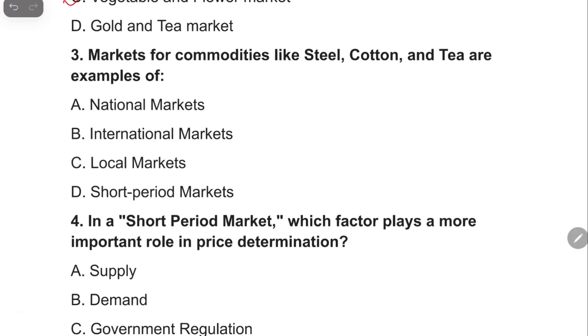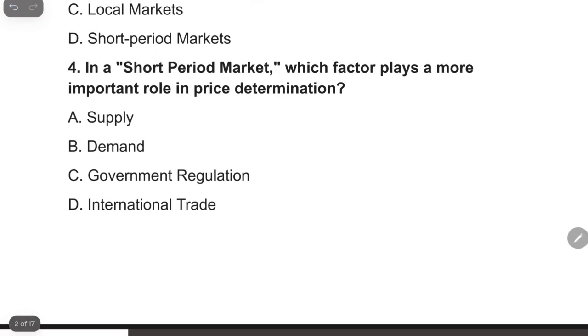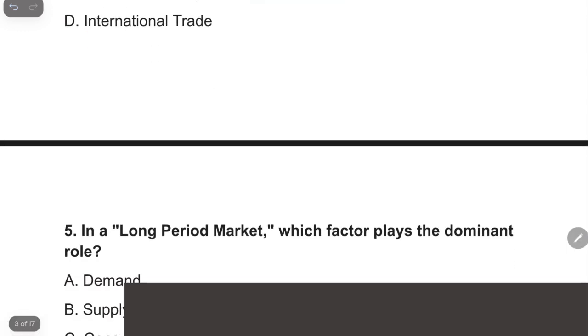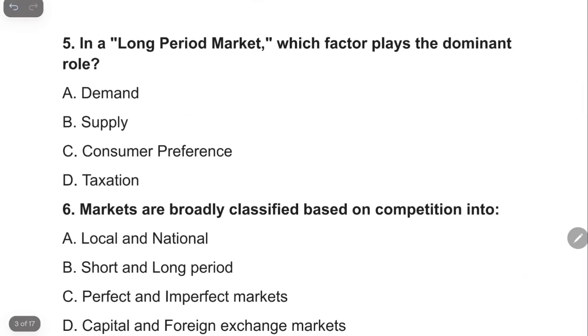Markets for commodities like steel, cotton and tea are examples of international market. In a short period market, which factor plays a more important role in price determination? Demand. In a long period market, which factor plays a dominant role?